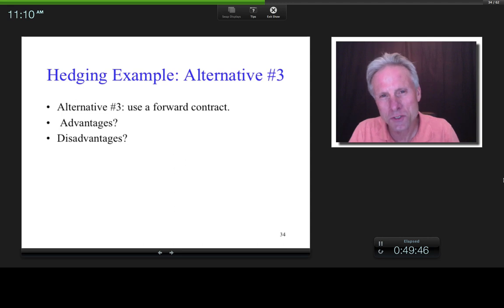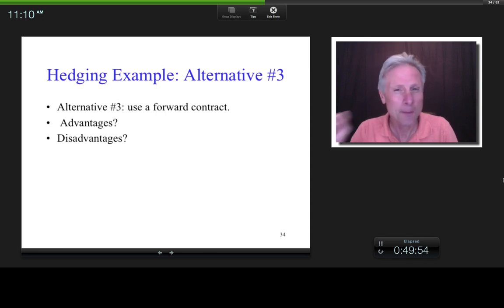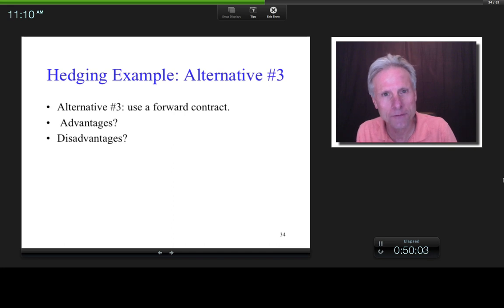So if we put this all together, relative to alternative number 1 and number 2, what are some advantages of using the forward contract? Well, did we have to come up with any money today? We didn't, right? So have we regained the credit advantage, unlike in alternative number 1? We have, right? And are we also perfectly hedged? We are, right?